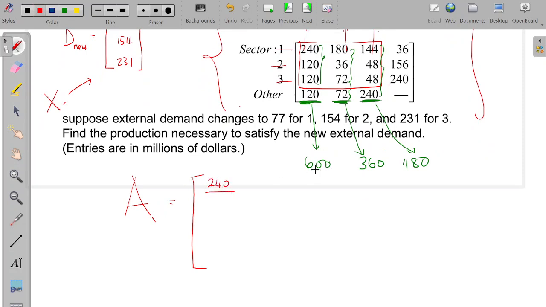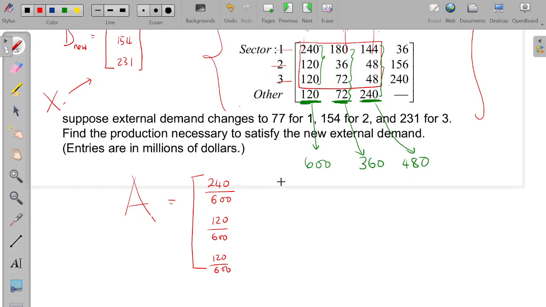240 over the total of each column. 120 over the total of each column, then 120 over the total of each column. You see, we are not including this one. We are only including the sectors, okay?